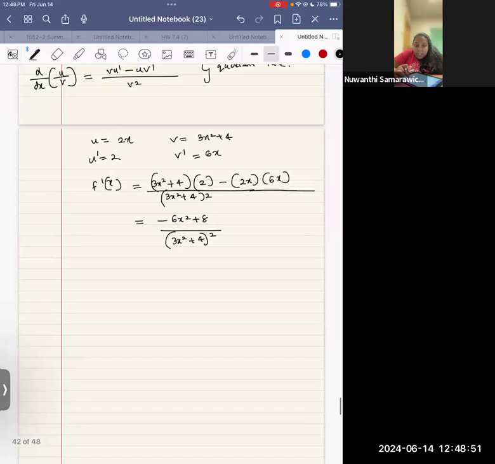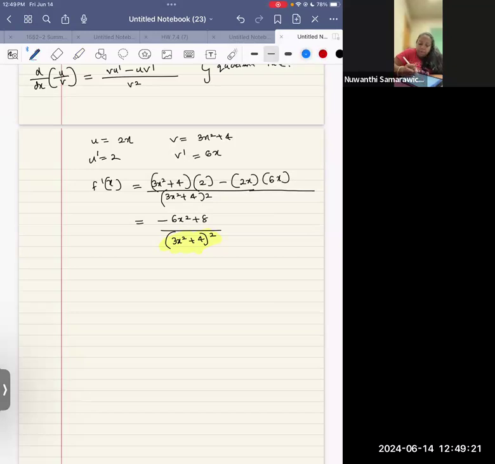Now we need to check whether this is decreasing or not. Whether this is negative, because if the first derivative is negative, we can say this function is decreasing. To check the negativity or positivity, like the argument we mentioned, the denominator is a square, so it's positive.